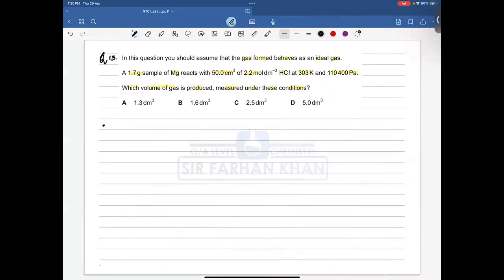The first step: when magnesium reacts with hydrochloric acid, it converts into magnesium chloride and hydrogen gas. Now in the second step, get the number of moles of magnesium.